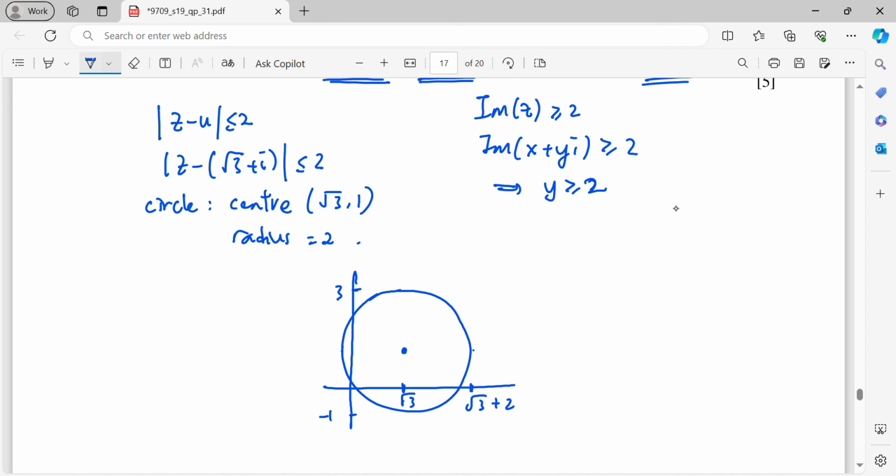Right, then I have to find out here supposedly 1, then this is 2.